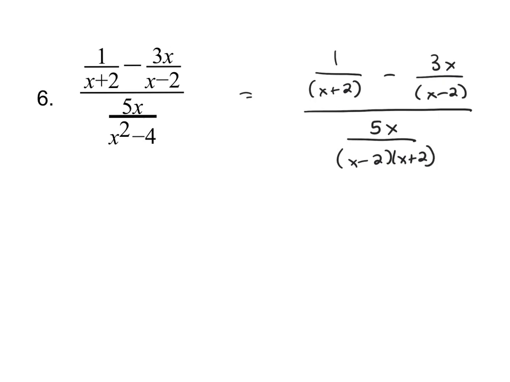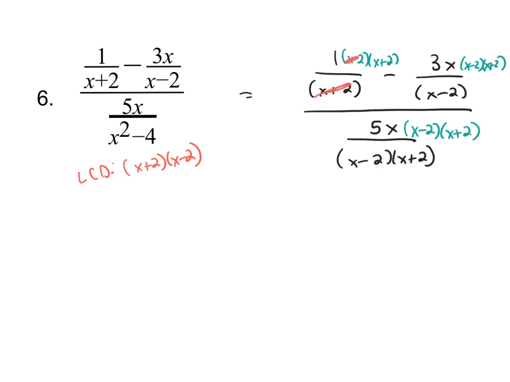So looking at all this, I think it's pretty clear that my LCD is just going to be those two factors because those are the only two things that end up in all of my denominators. So I'll multiply that by all the terms. So we'll go (x minus 2)(x plus 2), (x minus 2)(x plus 2), (x minus 2)(x plus 2).